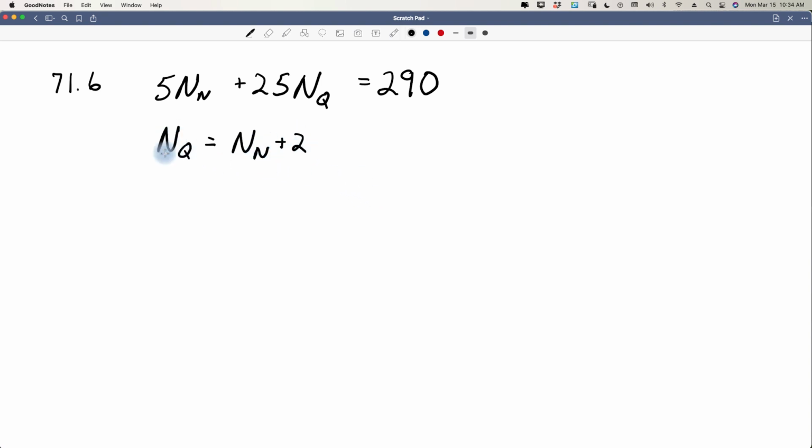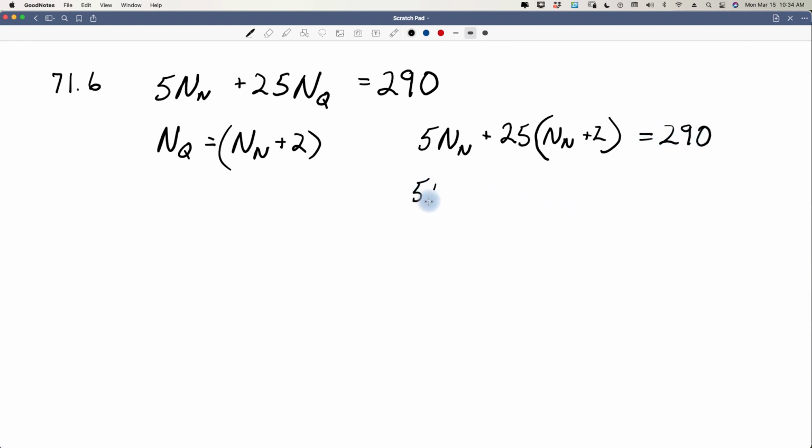So we can sub in for the number of quarters this binomial. So let's do that. 5 times the number of nickels plus 25 times, and we're going to sub in for the number of quarters this value here, number of nickels plus 2, equals 290.